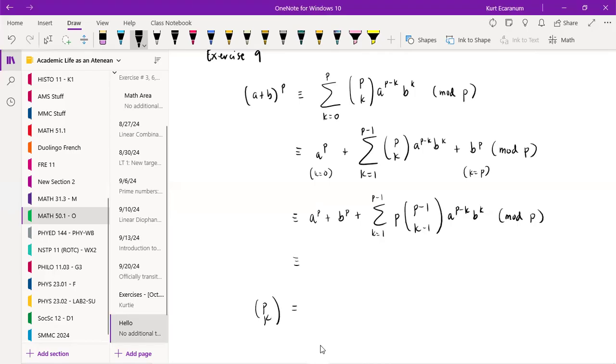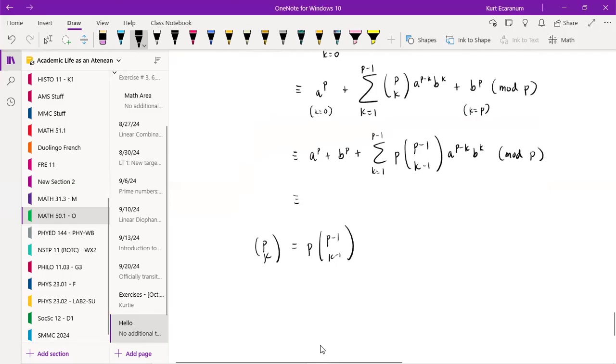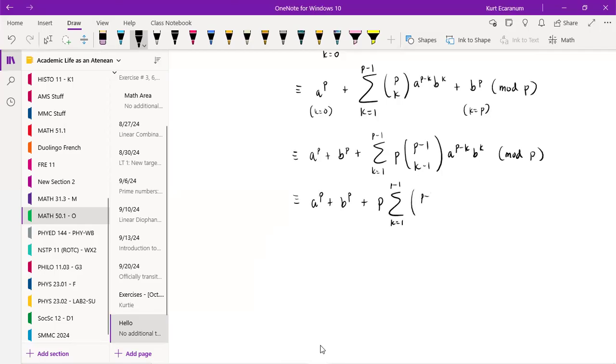P choose k is equals to p times p minus 1 choose k minus 1. So, merong combinatorial proof yun. Which, for the sake of brevity, is wag na. So, bale, ito, a to the p plus b to the p, this summation, k minus 1. Ayan.